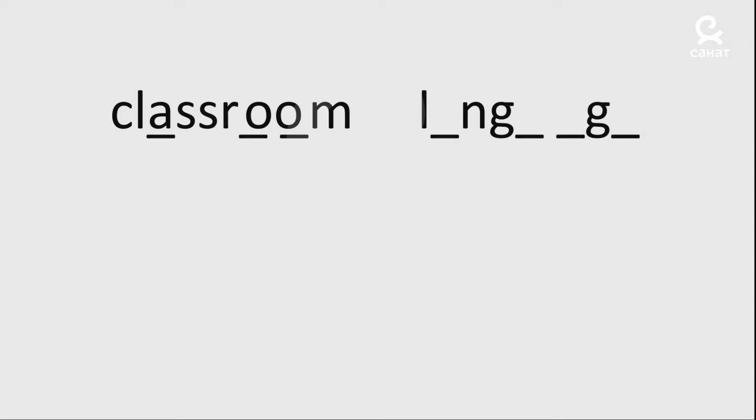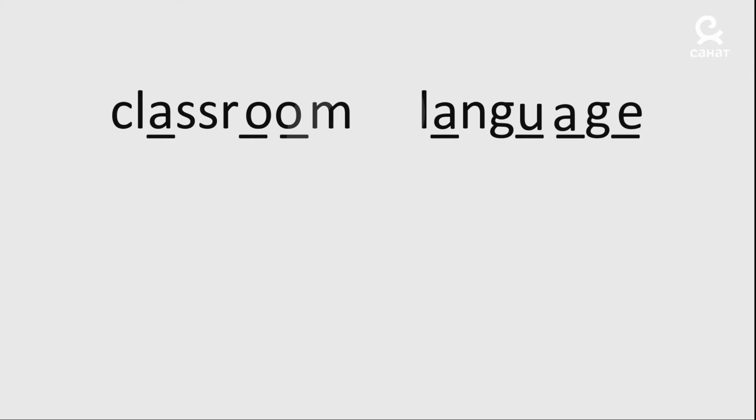L, yes, A, M, G. Do you know the vowel? It's U, and A, G, and the last vowel is E. That's the word language. These are the words classroom, language.